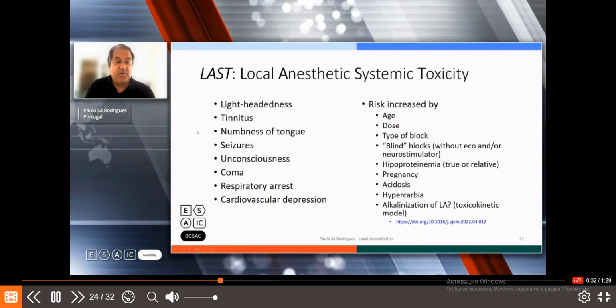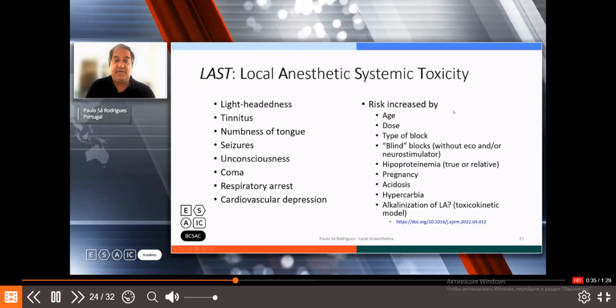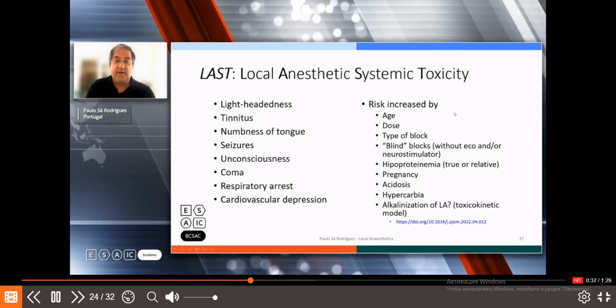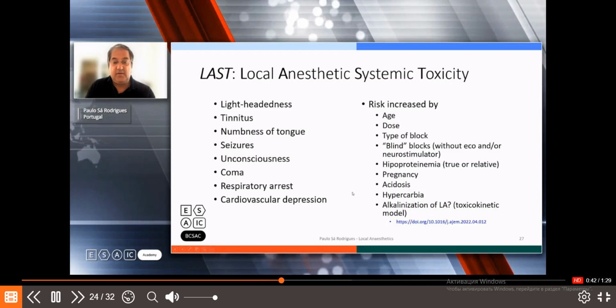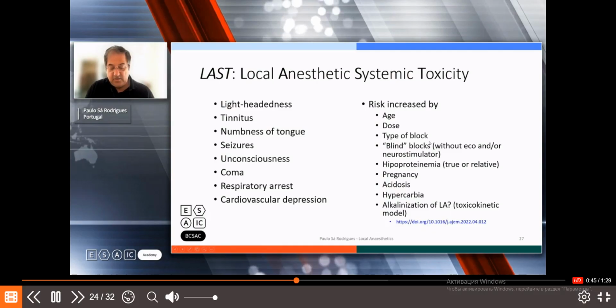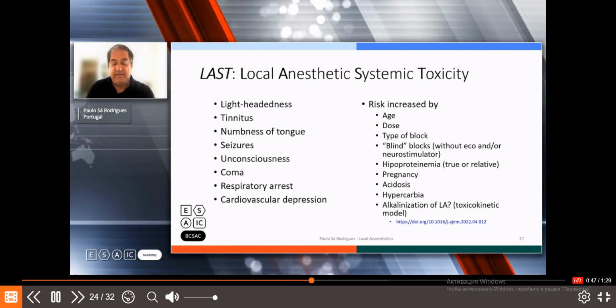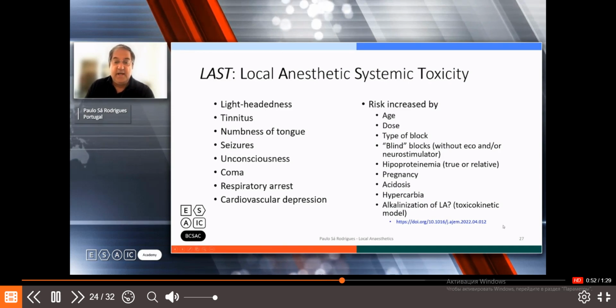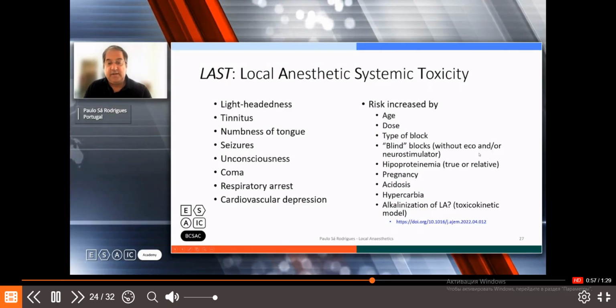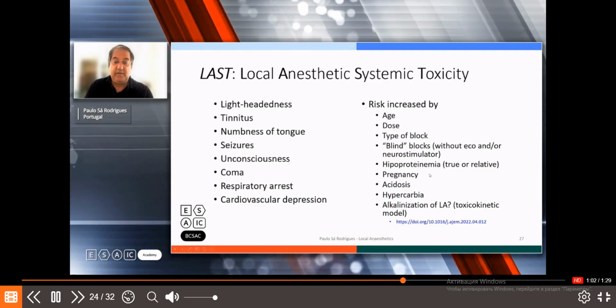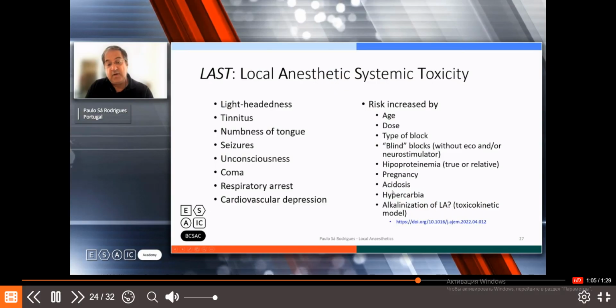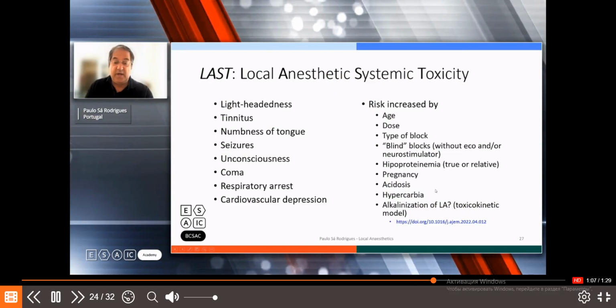The risk for this toxicity is increased by age, by the dose of the local anesthetic used, and by the type of block. Those performed nearby big vascular trunks are more risky, and without the usage of echo and/or neurostimulator. Also in patients that have hypoproteinemia, true or relative, pregnancy, and those who have acidosis or hypercarbia.